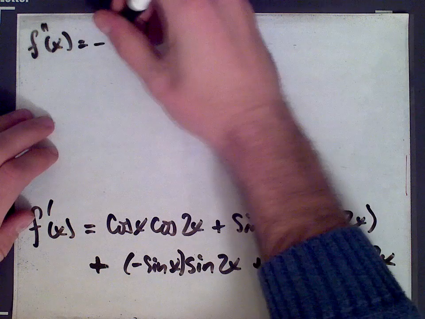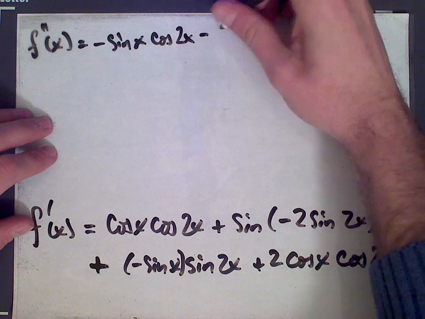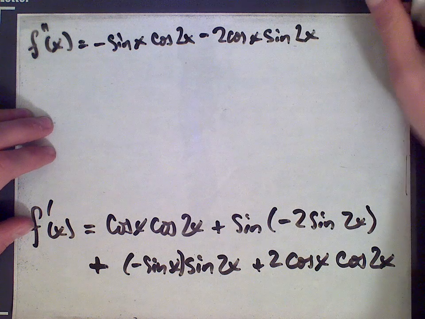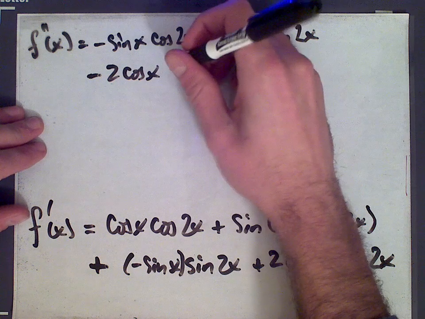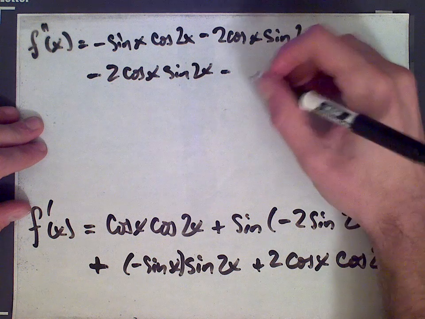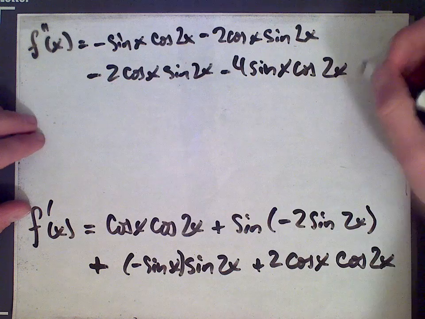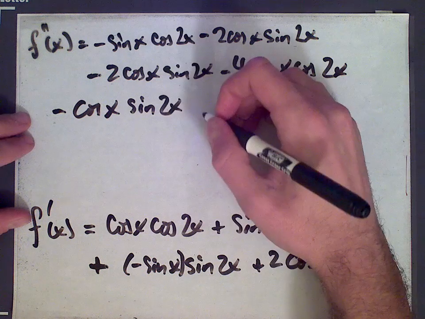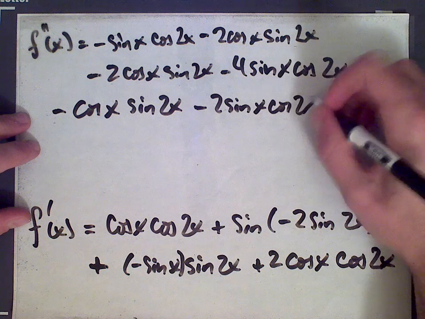What you get is negative sine x cos 2x minus 2 cos x sine 2x minus 2 cos x sine 2x minus 4 sine x cos 2x minus cos x sine 2x minus 2 sine x cos 2x.